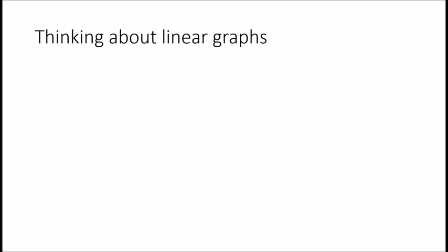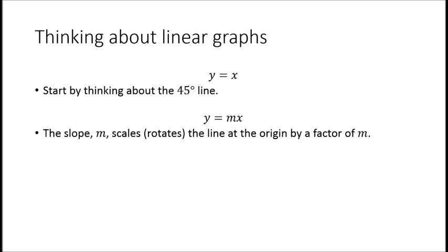I want to go back for a moment and think just a little bit about the graphs for lines, because there's some useful concepts here that translate well to nonlinear graphing. You start off by thinking about the line y equals x as a 45-degree line. If you instead have a slope on the line or a coefficient on the x, basically what's happening is you're scaling the line.